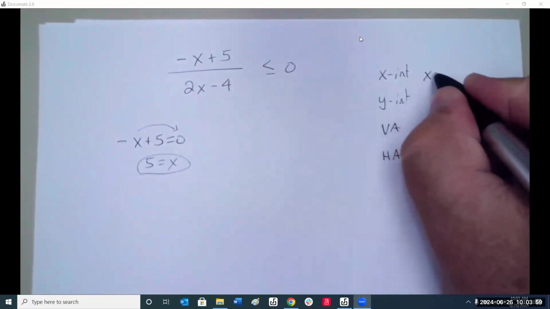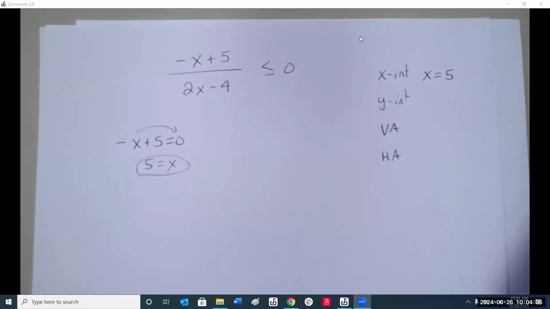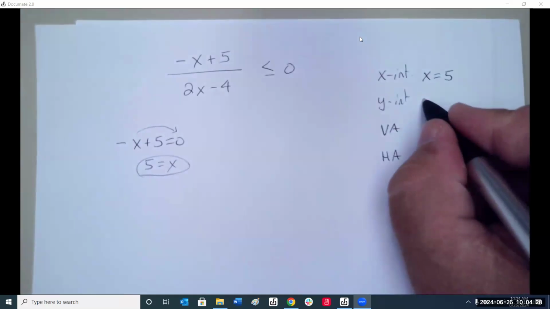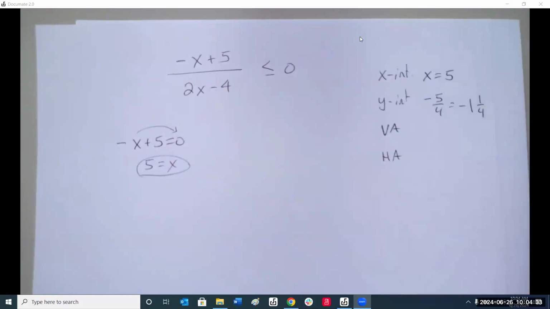So the x-intercept is at 5. The y-intercept is at where? How do you find 5 over -4? So it's 5/-4, or -1 1/4.